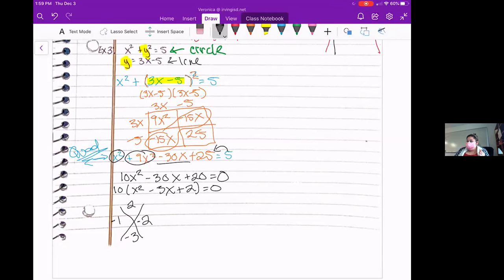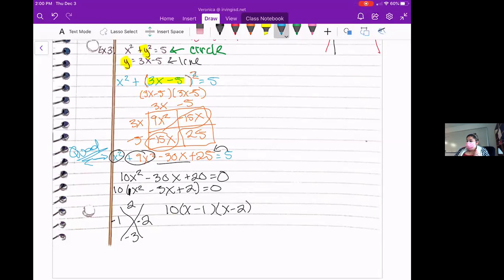If I make them both negative, it's still a positive 2, and I add them together, I get negative 3. So my two factors are going to be x minus 1 and x minus 2. Don't forget about the 10 we took out at the very beginning. And if I divide by a, my a is 1, so it's not going to change anything. So I have my factor form.